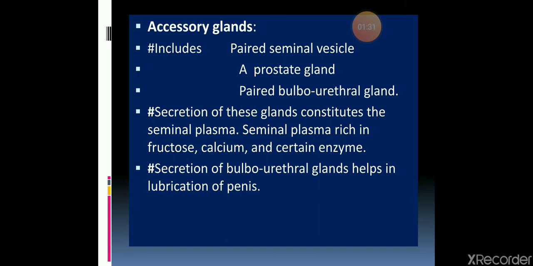So the secretion of these three glands constitutes the seminal plasma. All the three secretions together you call seminal plasma. The seminal plasma will be rich in fructose because the sperms need motility and the high energy it requires, so the fructose needs to be present. Then calcium and certain enzymes also will be present along with these secretions.